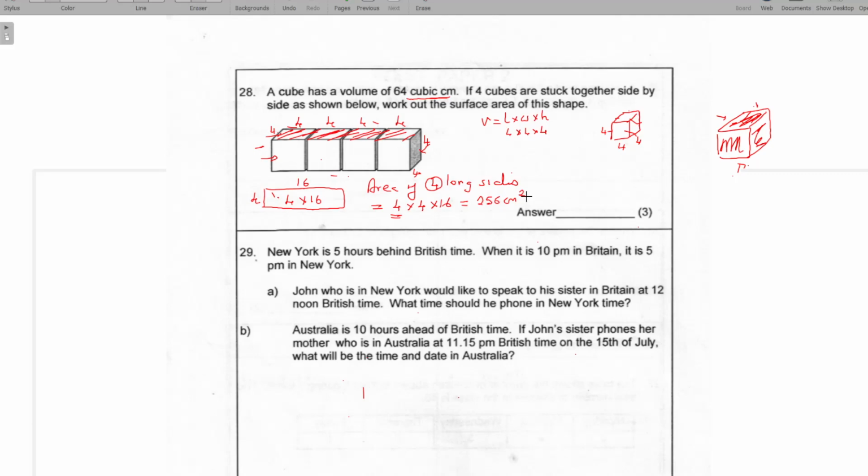Then we have these two sides, this side and one side at the back. We just draw it here on this side. So what is the length? What's the width? 4 is the length, 4 is the width. So the area of the two small sides, let's write it here.